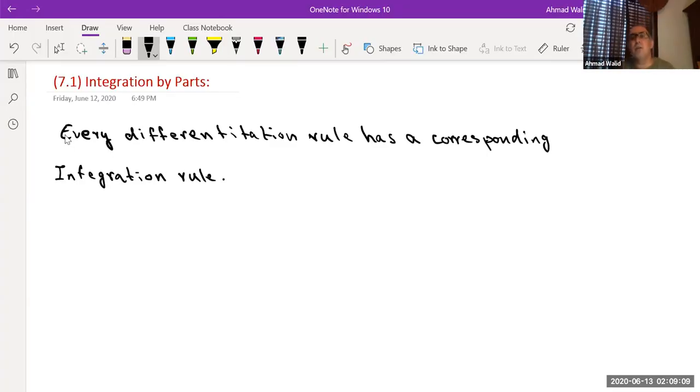That's it, because they're inverse processes. If they are two inverse processes, then for every rule of differentiation, you should have a corresponding rule in integration.